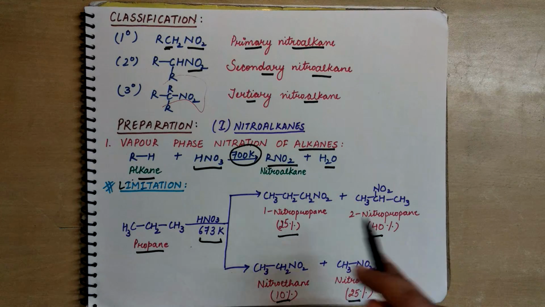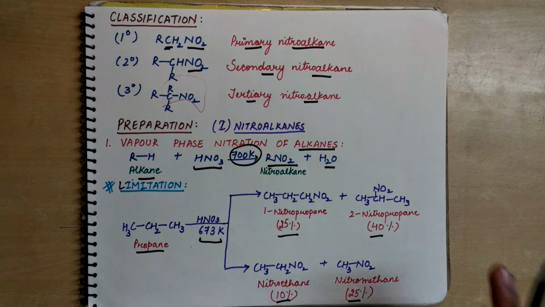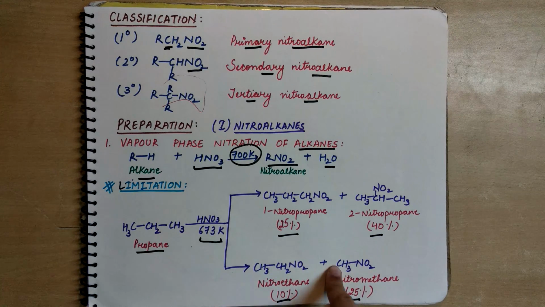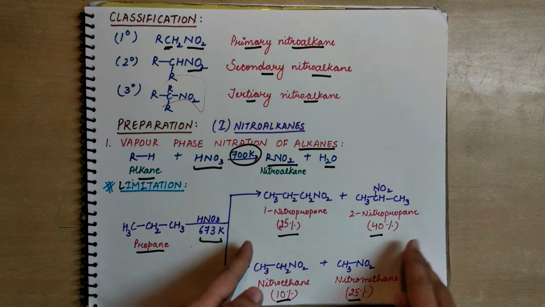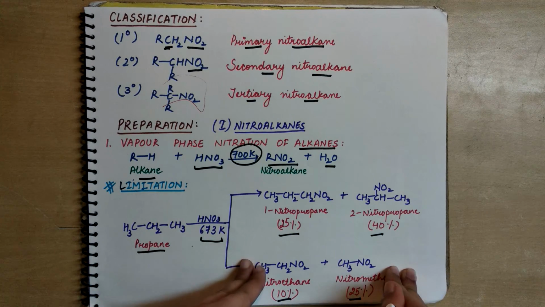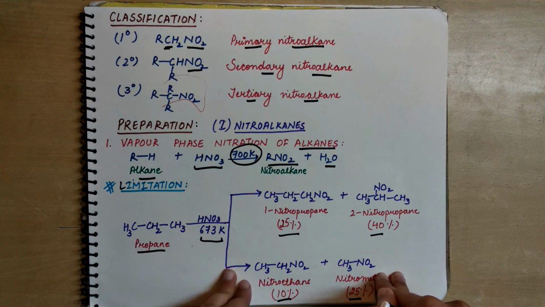So we got a mixture. So this method is not used in laboratories, but this method is used for industrial preparation of nitroalkanes because we need industrial solvents only. The mixture of these all can be used as an industrial solvent. So this method can be used in industries.